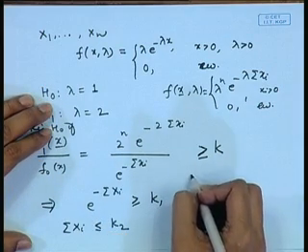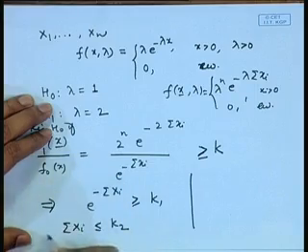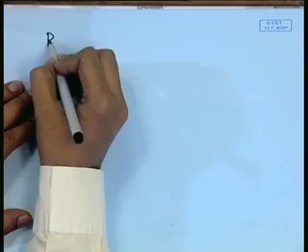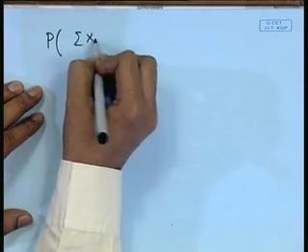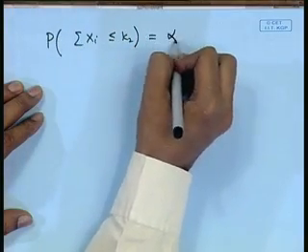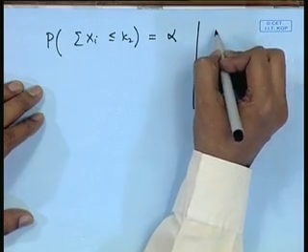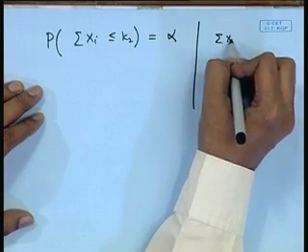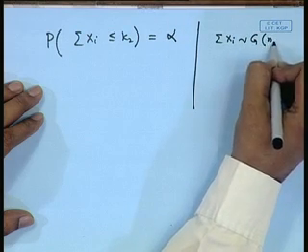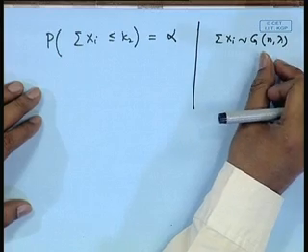Now, we have to find out the value of k2 such that the probability of type 1 error, that is sigma xi less than or equal to k2, is equal to alpha. So, we make use of the distribution theory here, as I was mentioning. Sigma xi will follow gamma distribution with parameters n and lambda by the additive property of the exponential distribution.